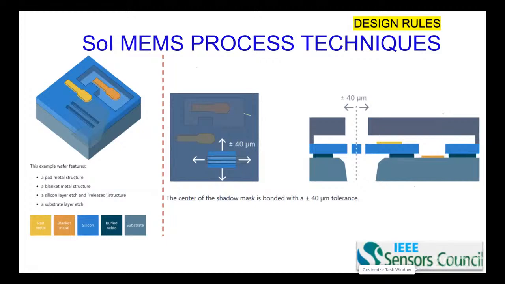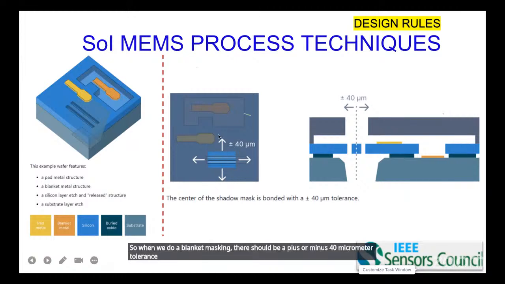Again, the center of the shallow mask is bonded with a plus or minus 40 micrometer tolerance. So when we do a blanket masking, there should be a plus or minus 40 micrometer tolerance. Otherwise, it will overlay on the other metal or blanket metal, whatever structure is there.